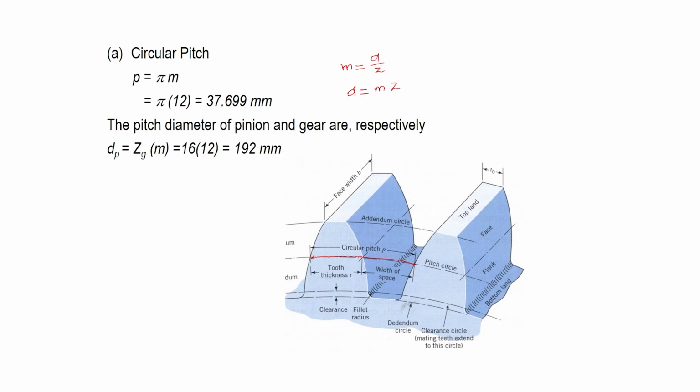So, to get the pitch circle diameter of pinion dp, m will be multiplied by number of teeth on the pinion zp. Zp is 16, number of teeth on the pinion is 16. So, 16 multiplied by 12 is 192 mm, the pitch circle diameter of the pinion. Similarly, pitch circle diameter of the gear is number of teeth on the gear, which is 40, times module, which is 12, which is equal to 480 mm. And thus, we determine the pitch circle diameter of the pinion and pitch circle diameter of the gear.